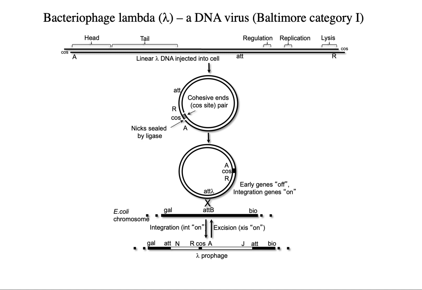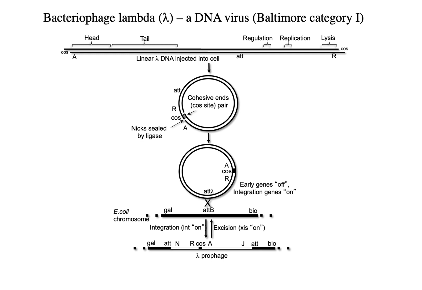On the left side of the linear are all of the genes for making new proteins for the head and tail of the bacteriophage. And on the right is the genes for lysis, but also the regulation and replication regions in the middle, or on the right middle, are primarily controlling regions. And I'll be talking about those in a later lecture.